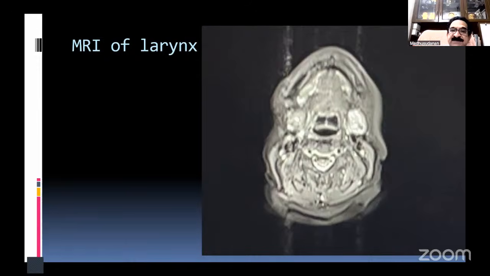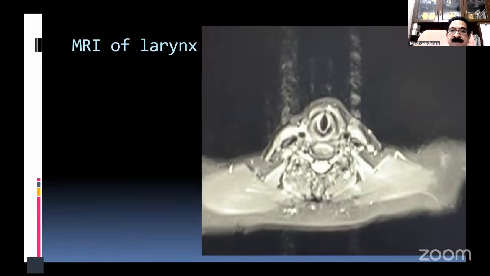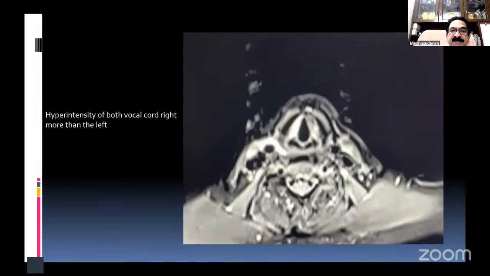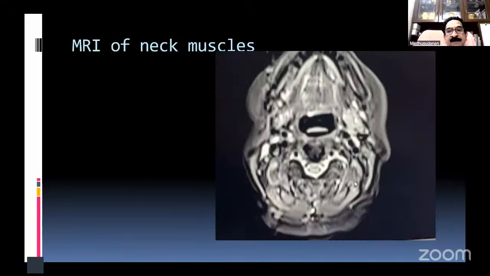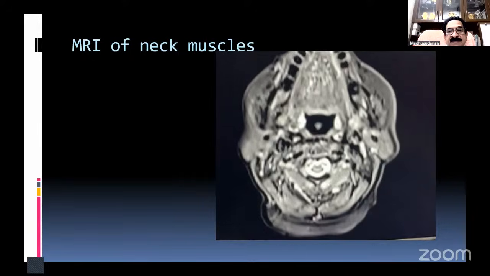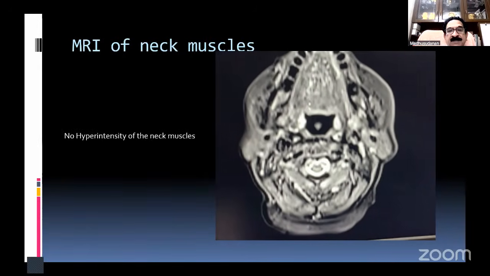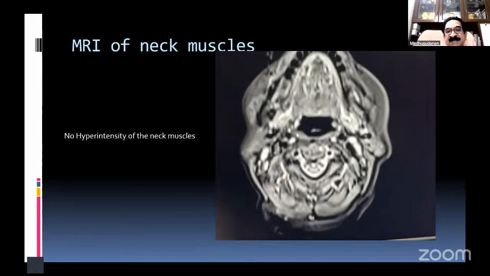Then MRI of the larynx was done. You can see the hyperintensity of the vocal cord. It's more on the right side compared to the left side. Both vocal cords, right more than the left, and oval-shaped glottic space. Then MRI of the neck muscles was relatively normal, no hyperintensity of the neck muscles.